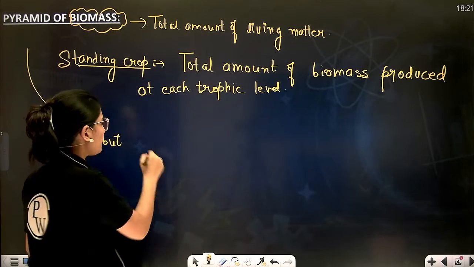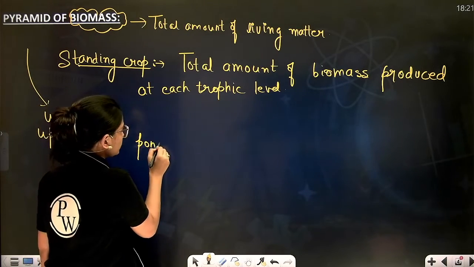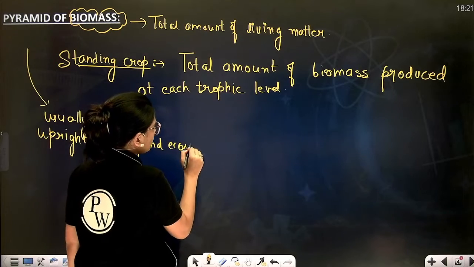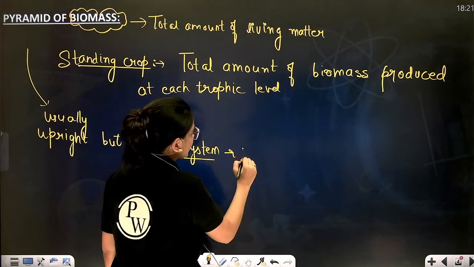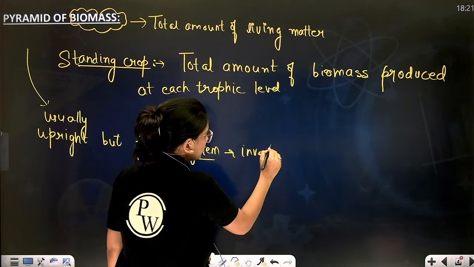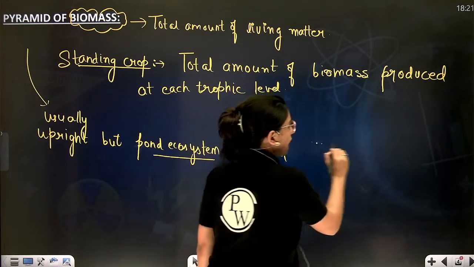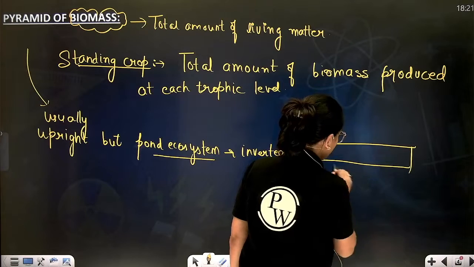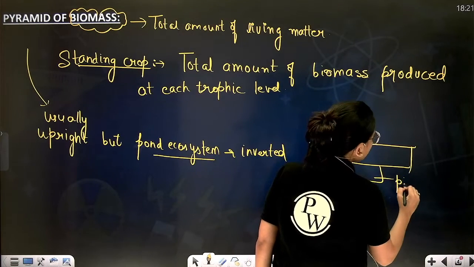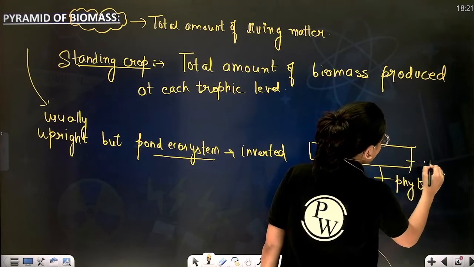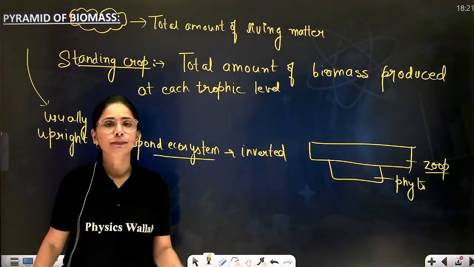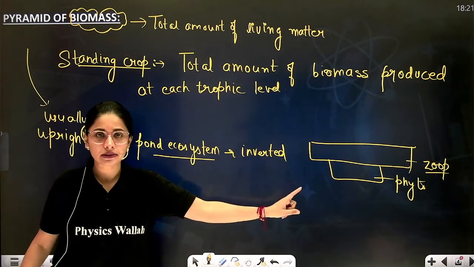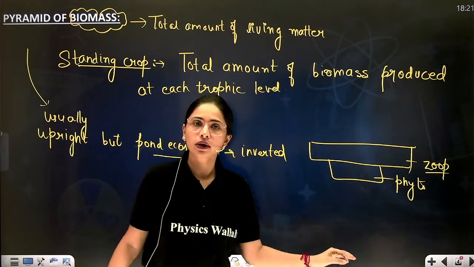But if I talk about the pond ecosystem, then yes, the pond ecosystem pyramid of biomass is inverted. Inverted means the amount of biomass generated by phytoplankton is lesser than the amount of biomass produced by zooplankton. So you have to remember this information, very, very important.